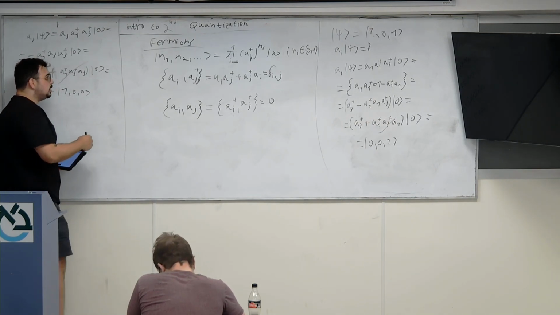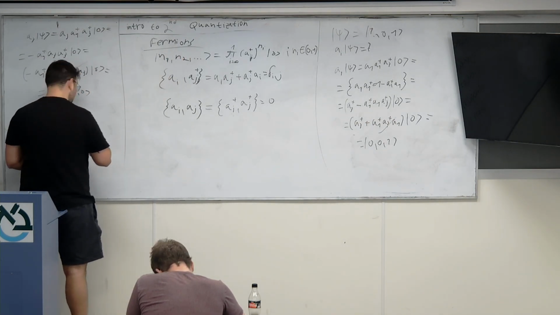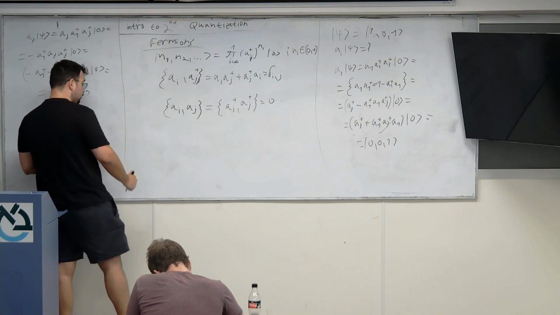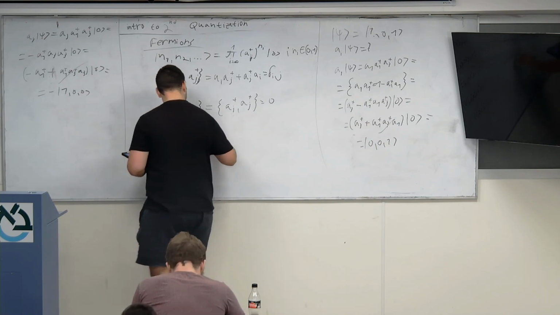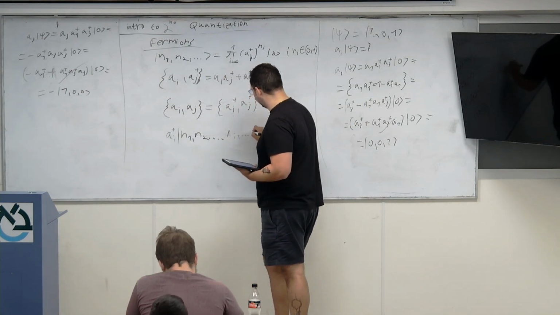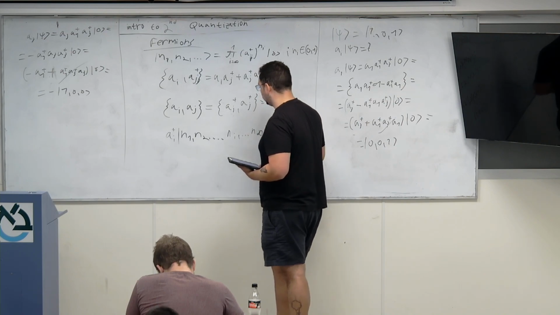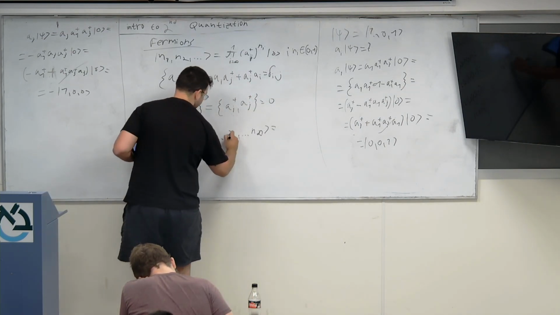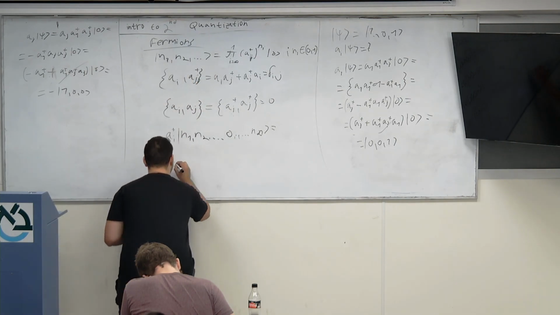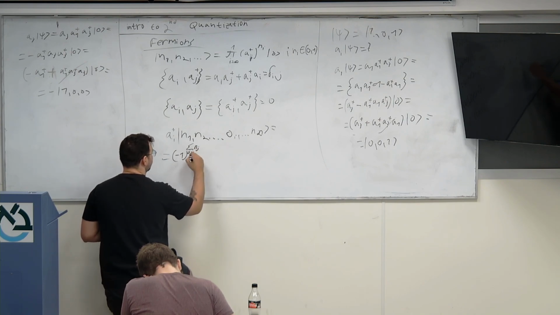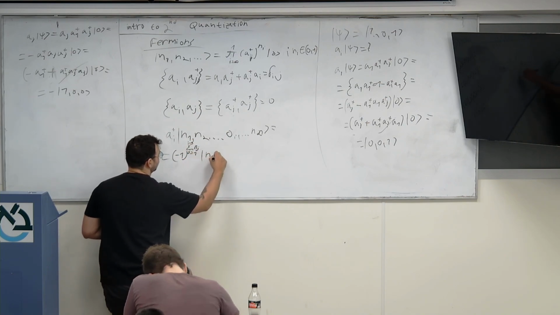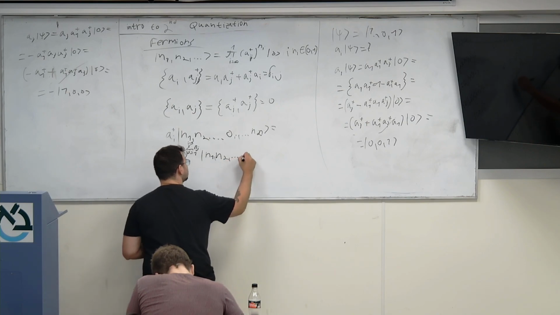But to stay consistent, let's expand this definition a little bit to say A_i† of N1, N2, up to N_infinity equals, let's say we have a 0 in position i, minus 1 to the power of the sum over j, where j is from 1 to i minus 1, of N_j, times the state with 1 in position i.